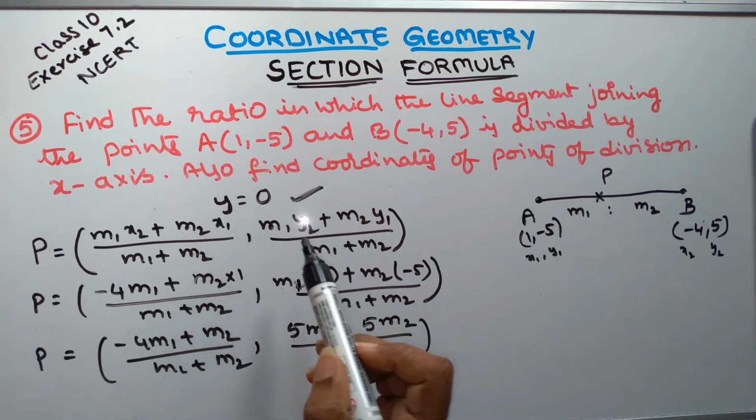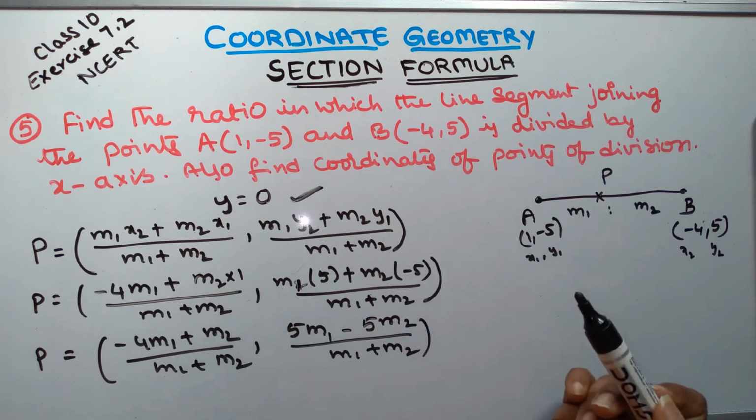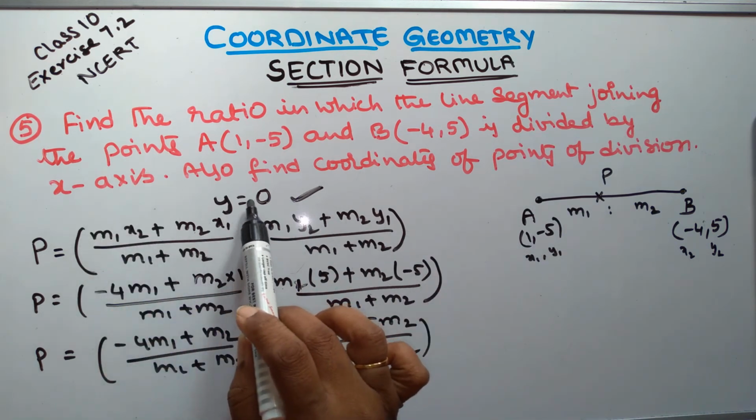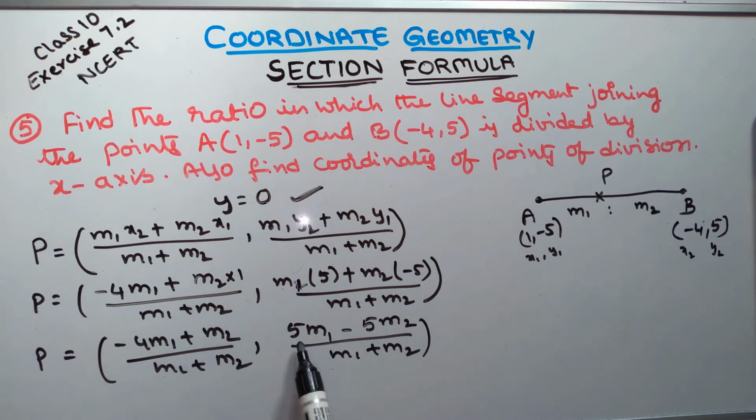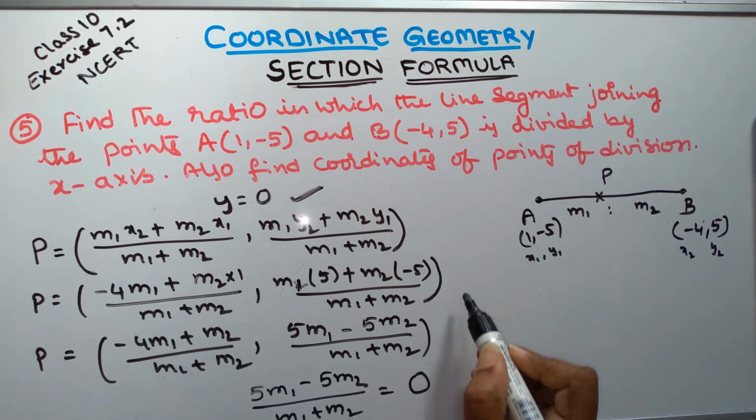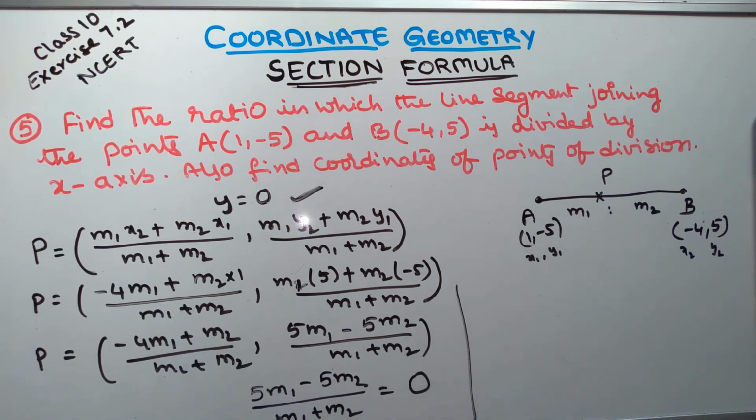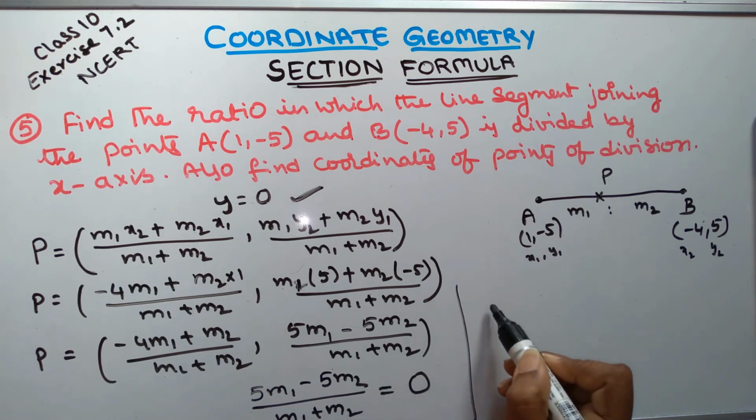So the y coordinate of the point P is 0 because on the x-axis the y coordinate is 0. Here the y coordinate is 5 M1 minus 5 M2 by M1 plus M2. Let us equate to 0. Then we get 5 M1 minus 5 M2 by M1 plus M2 is equal to 0. Okay, then by taking M1 plus M2 to that side, 0 into (M1 plus M2) becomes 0.